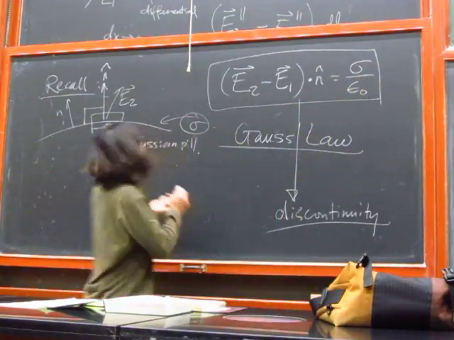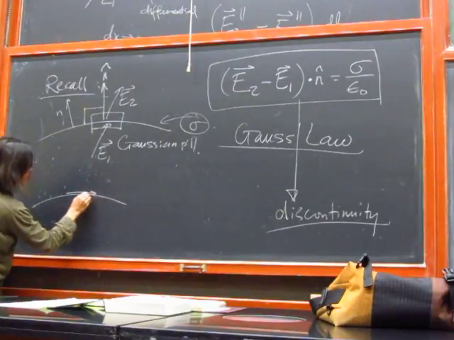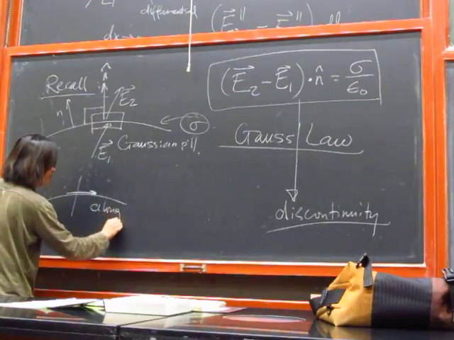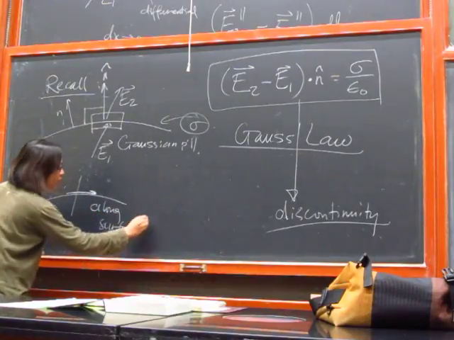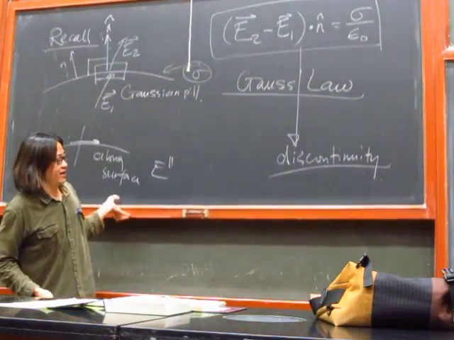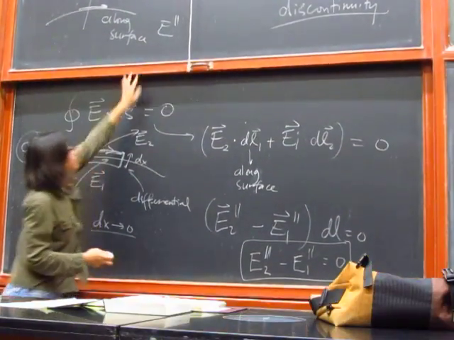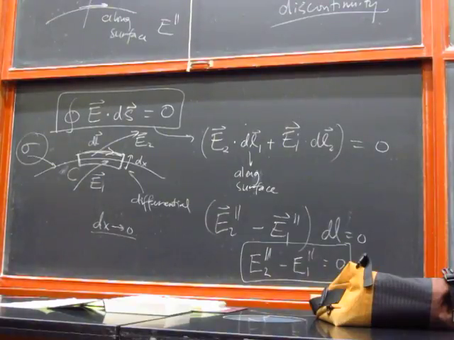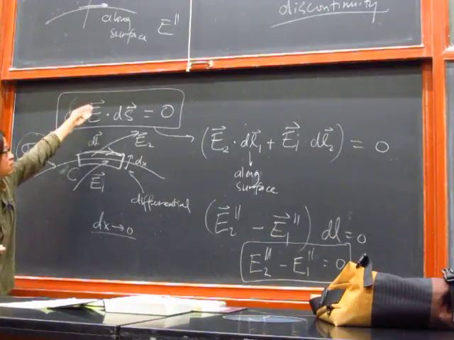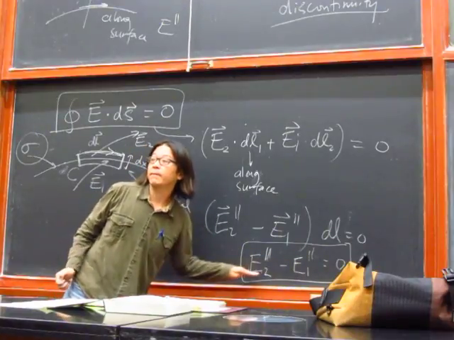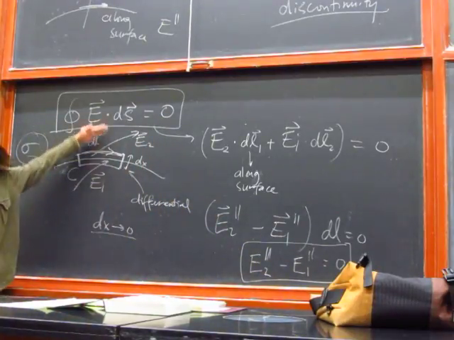But the component of the electric field along the surface, I call it E parallel. By this equation, because the electric field is conservative, the closed loop line integral of E dot ds has to be equal to 0. Just a consequence of that shows that the parallel component of the electric field has to be the same as you move across the surface.